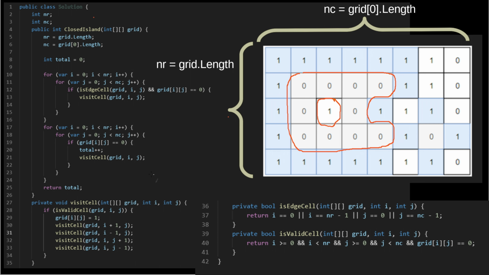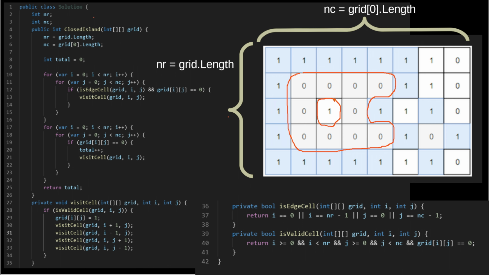So once I find a piece of land on the inside, I will increase the total count by 1. And then I'm going to call the visit cell function. Calling the visit cell function would recursively find all the adjacent lands and convert these tiles to water, so down the road, these will not be visited again. And that's it. So 2 double for loops and then return the total number of closed islands found.